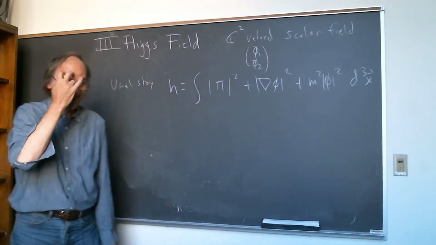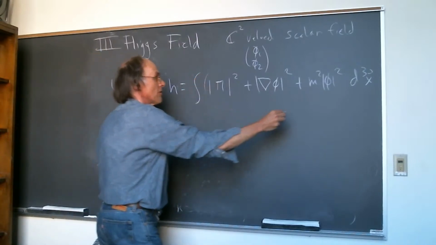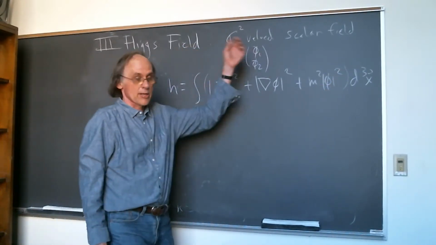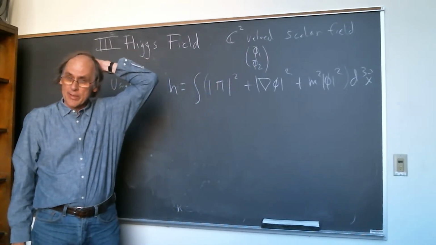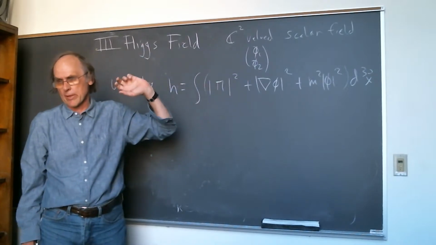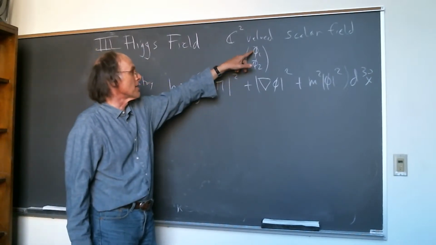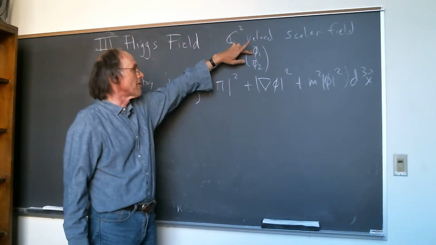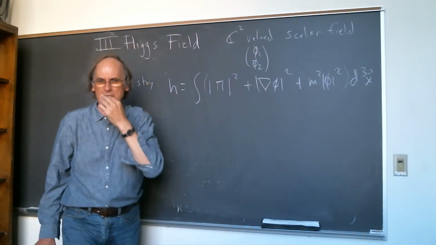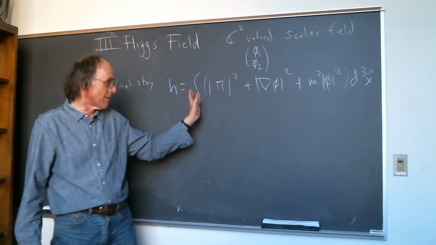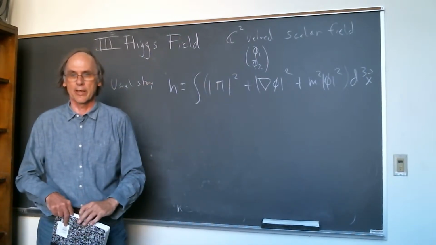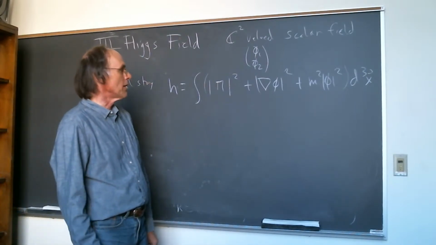This would be exactly what we talked about when we were talking about the Klein-Gordon equation, except instead of just one of them, there's two of them, and they're both complex. But otherwise, it's really just a bunch of copies of the standard scalar field we talked about. They're all nicely decoupled oscillators.